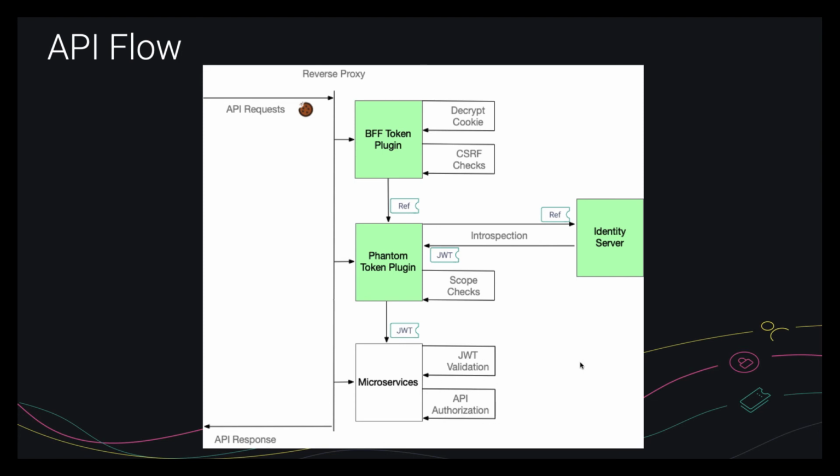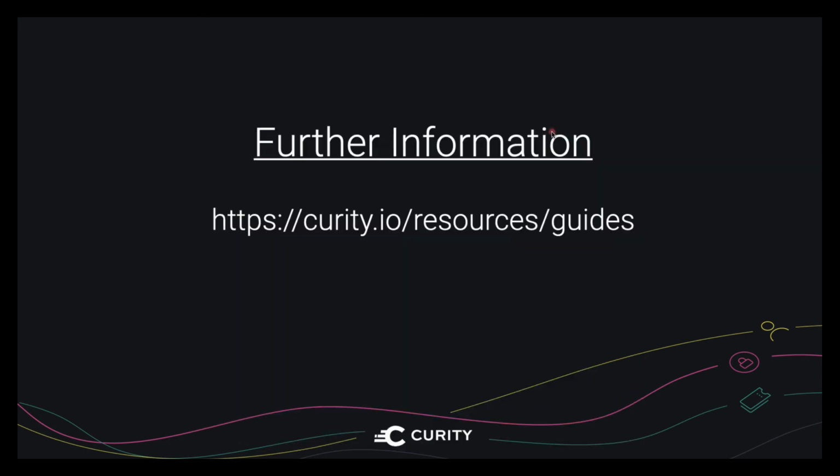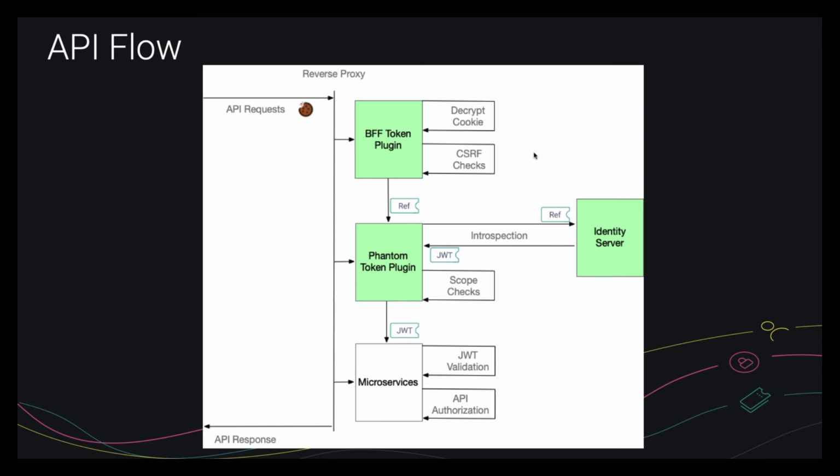So the only thing new here really is a new component in the reverse proxy called the BFF token plugin. All that this does really is it decrypts the cookie, possibly makes some additional CSRF checks according to the OWASP best practice, and then when it decrypts the cookie, it will receive the reference token, and the flow can continue in the normal way.